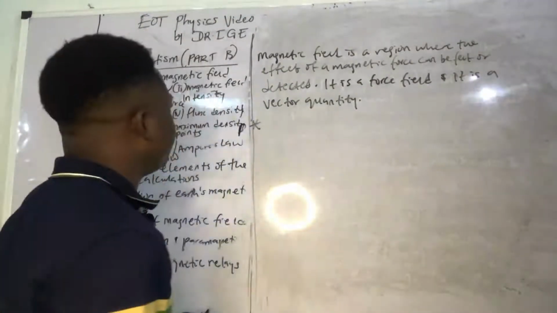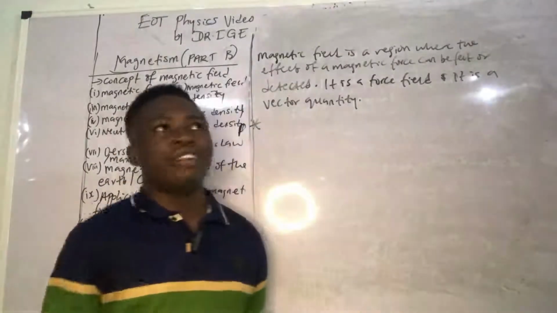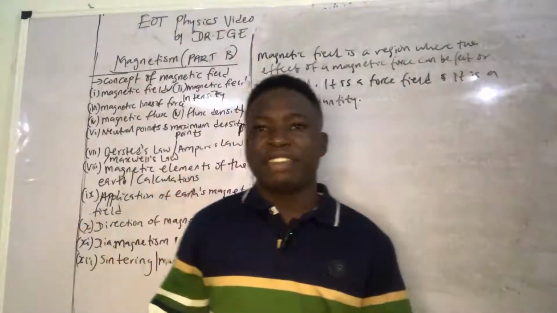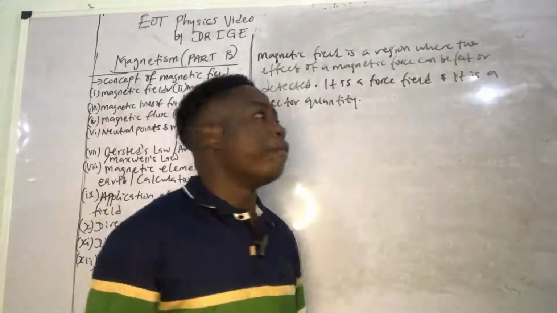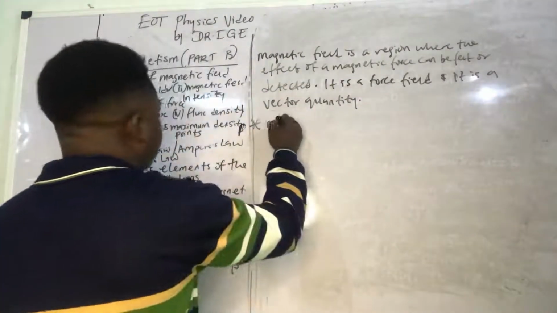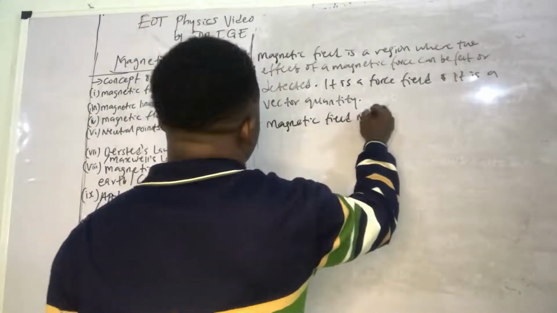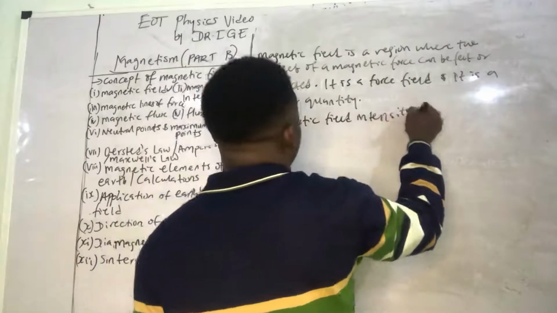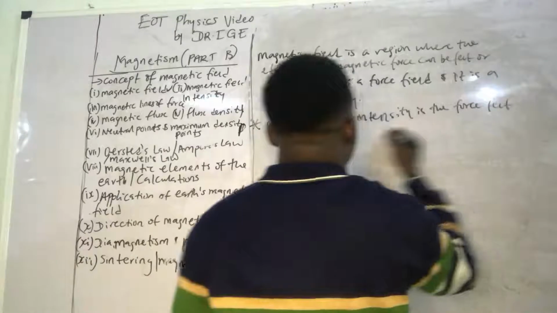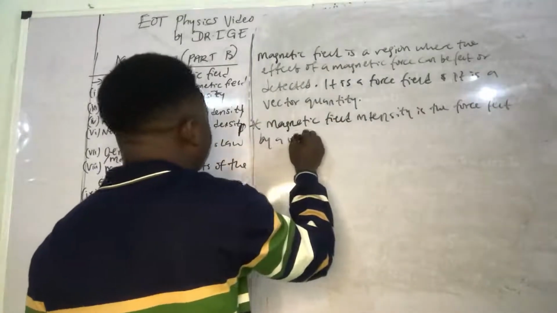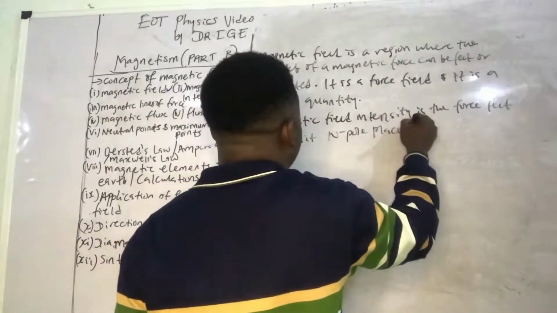When it comes to force fields, they all have intensity: we have gravitational field intensity, electric field intensity, and magnetic field intensity. So magnetic field intensity is the force felt by a unit north pole placed in a magnetic field.